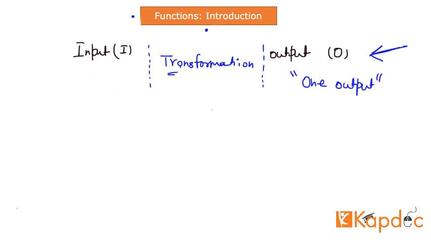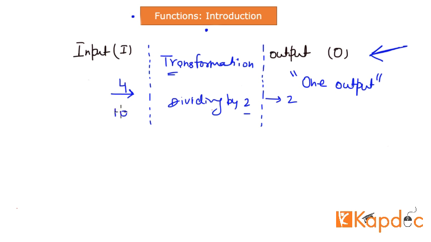Okay, so for example, let's say I have a transformation, and this transformation is about dividing any number by 2. Dividing by 2 is my transformation. So when you have such a transformation, and let's say you send an input of 4 to it, you get 2, right?